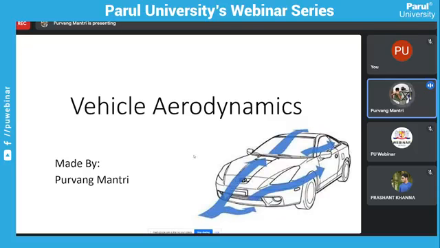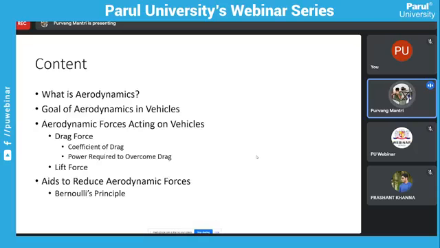So let's talk about vehicle aerodynamics today. In today's session, I'm going to talk about what aerodynamics is and what role it plays in the design of a vehicle. Why do we have to consider aerodynamics while designing any vehicle? What kind of aerodynamic forces act on a vehicle? Among those, we will talk about drag force.